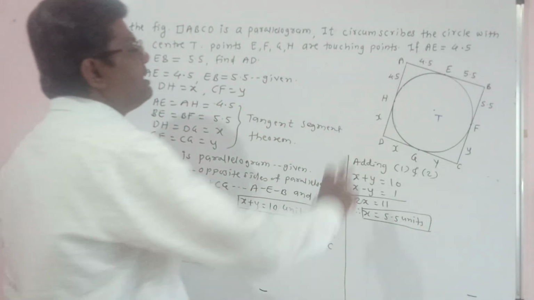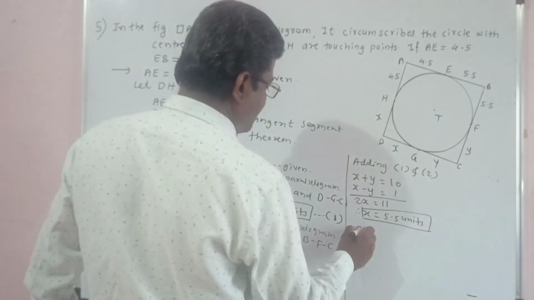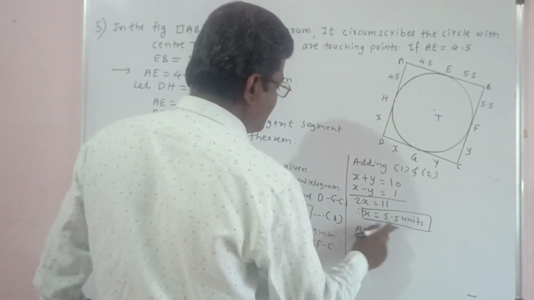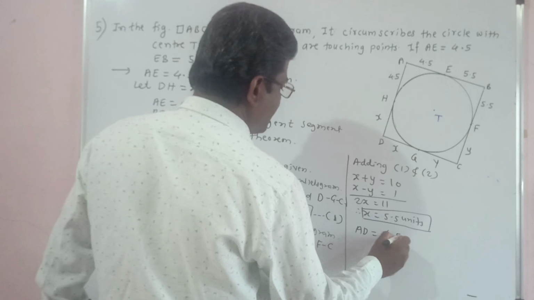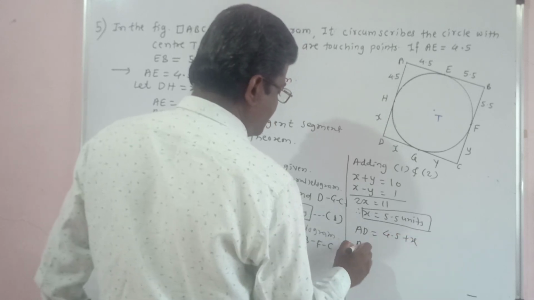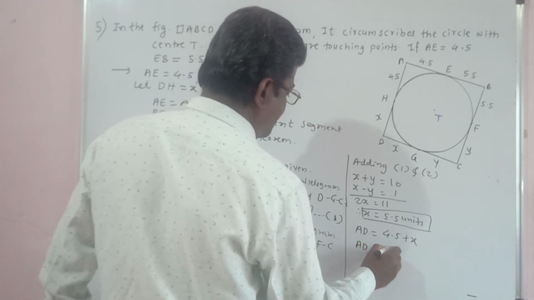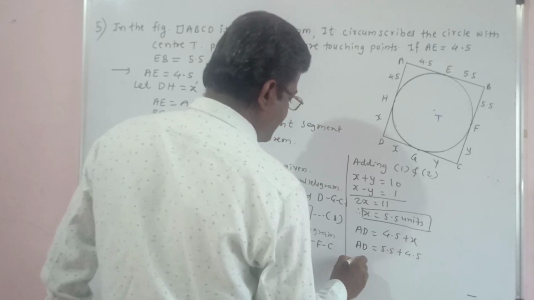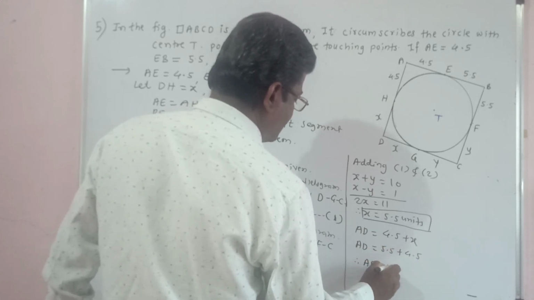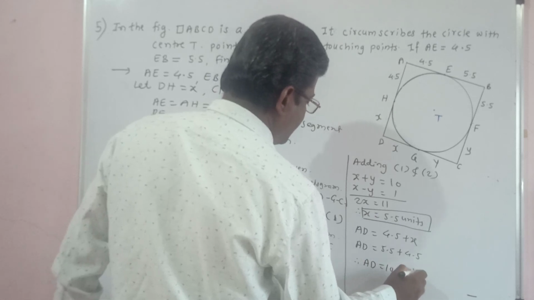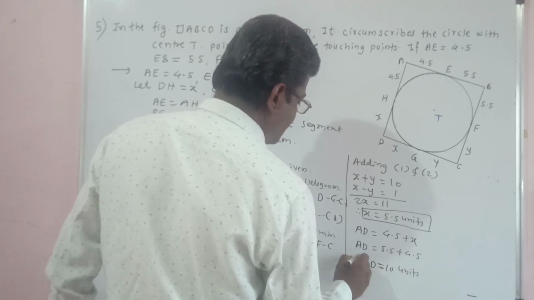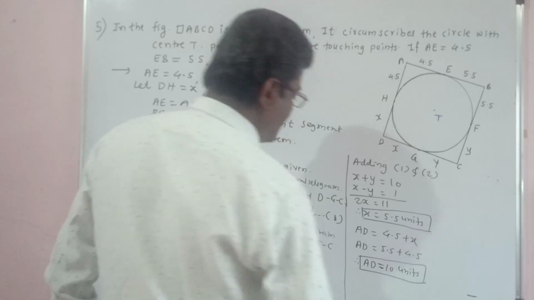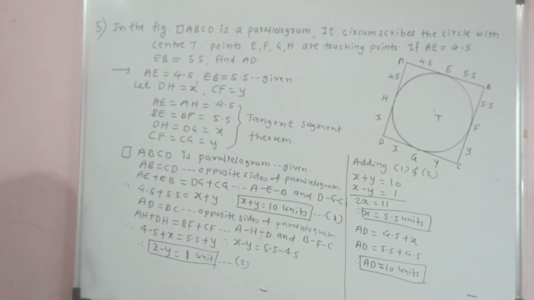We want to find AD. Therefore, AD is equal to 4.5 plus X. Therefore, AD is equal to 5.5 plus 4.5. Therefore, AD is equal to 10 units. So we get the value of AD as 10 units.